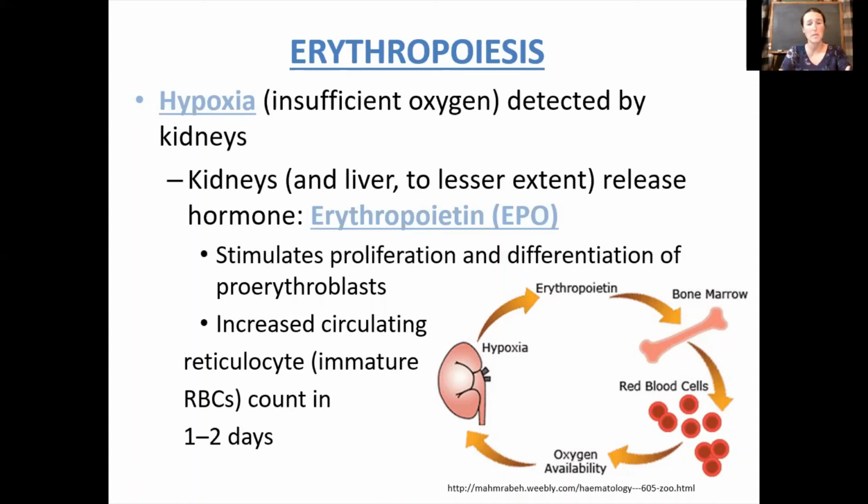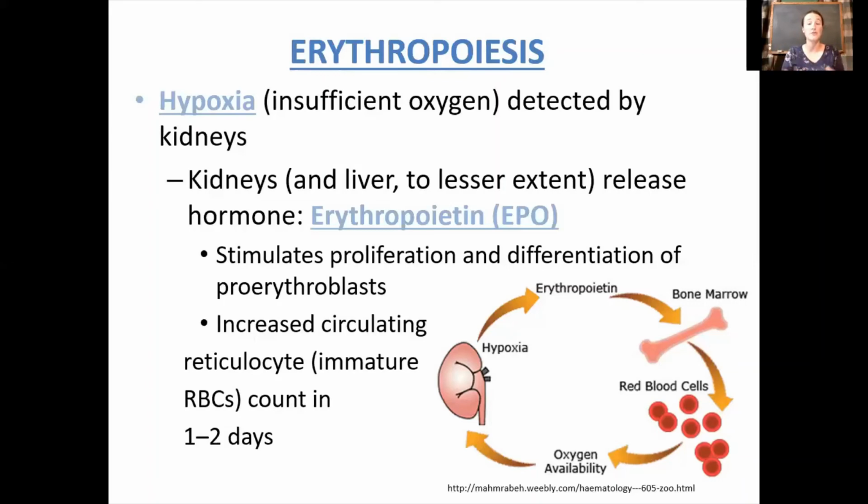This is the hormone that is going to circulate within the blood. And ultimately, as that blood arrives at the bone marrow, it is going to bind to receptors on those stem cells, the hemocytoblasts, and stimulate them to proliferate, so undergo mitosis, making more and more of these cells, and for those daughter cells to start differentiating.